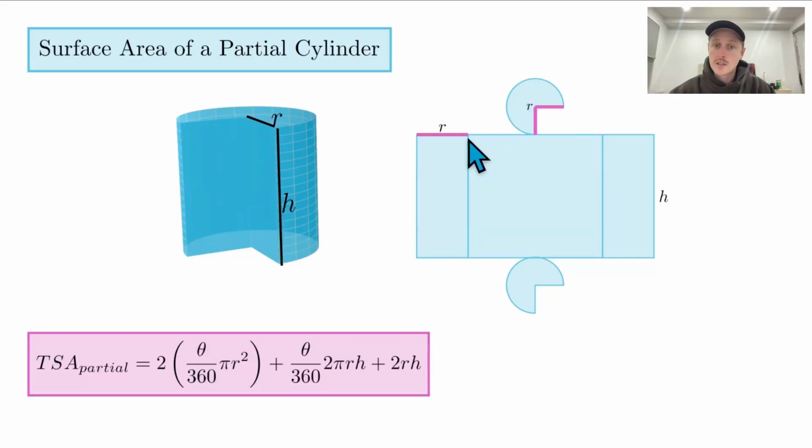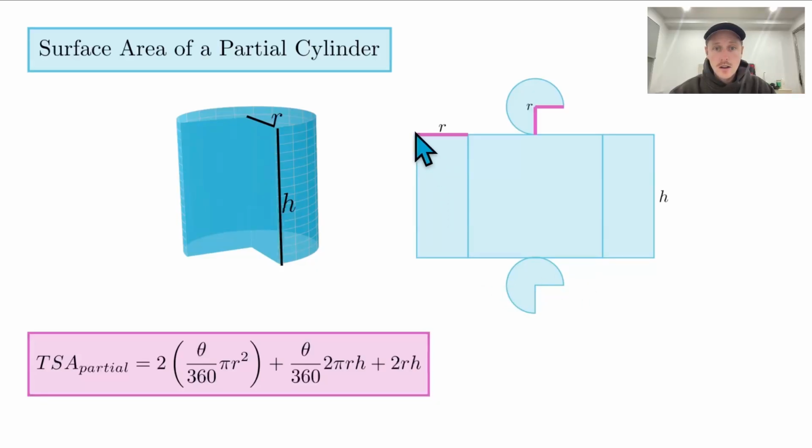Remember, 2 pi r is the circumference of a full circle. So theta on 360 multiplied by 2 pi r gives us the length of this curved part around the sector. Okay, and then you multiply by h, because we take this length and multiply by this length, which is the height, and that gives us the area of this internal rectangle we have here.